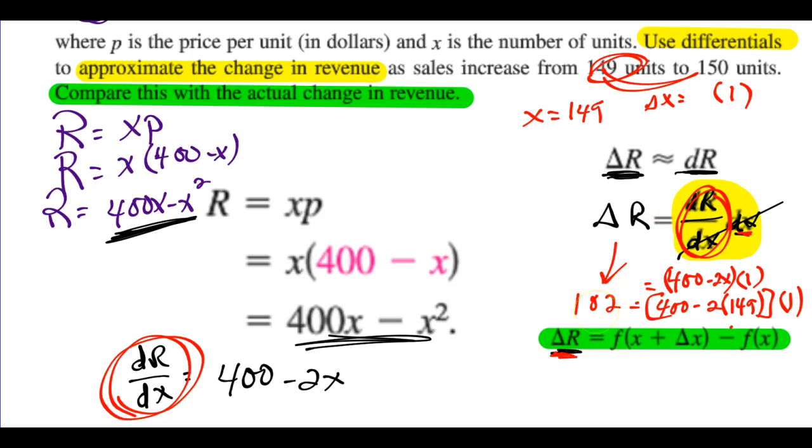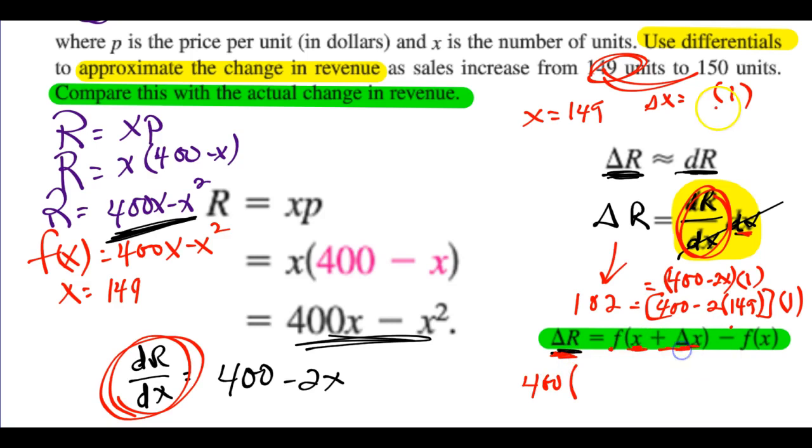So go to the function, and remember the function is right over here. f of x, our revenue function, is 400x minus x squared. So go to the function and plug in x, and remember x is 149. So I'll get 400 times x plus delta x, and delta x is 1.